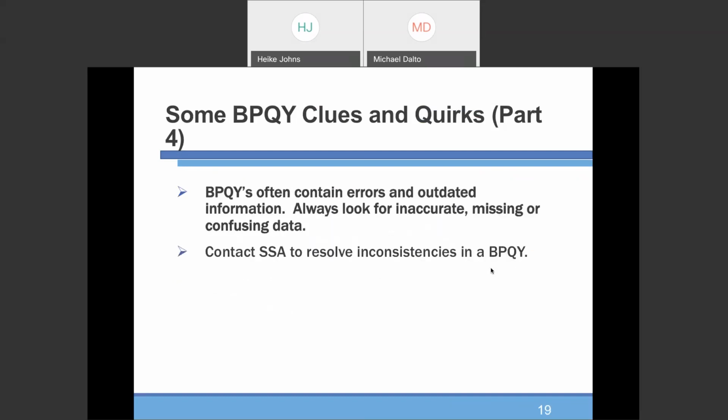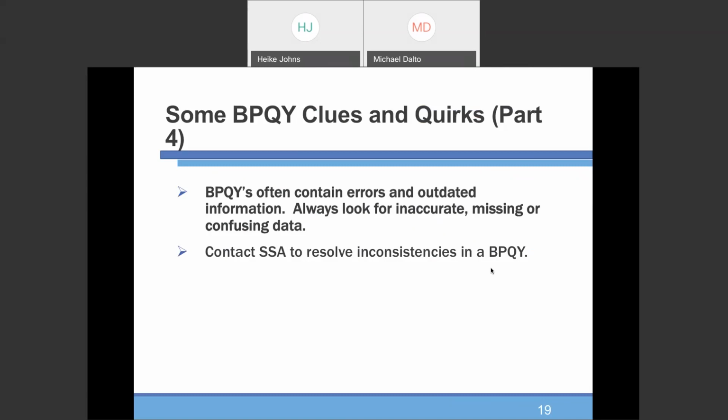Now, BPQYs often have outdated information, especially if a person has not reported their earnings or Social Security hasn't entered the earnings data into the system yet. And sometimes they'll even have errors. So you want to look at the BPQY and see if there's anything that looks askew that you might need to look into further. The last BPQY we looked at had an SSI payment of $695 rather than $733.